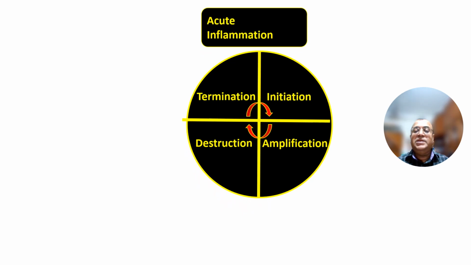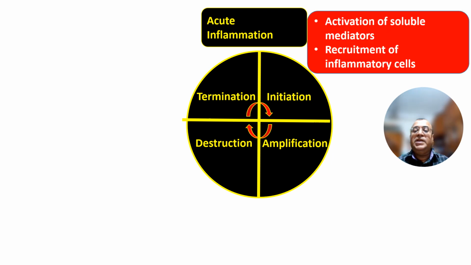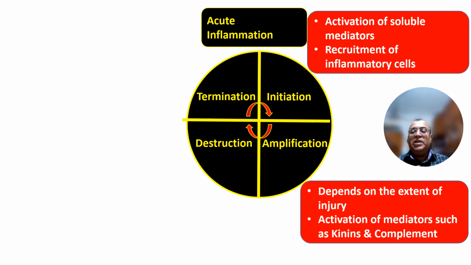We know that acute inflammation is a sequential process. There is initiation, amplification, destruction, and termination. The initiation is after the activation of soluble mediators that recruit more inflammatory cells to this environment.